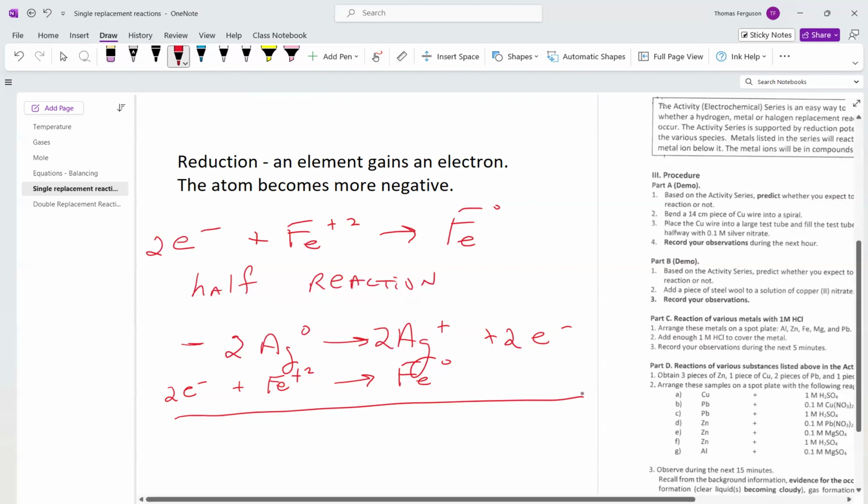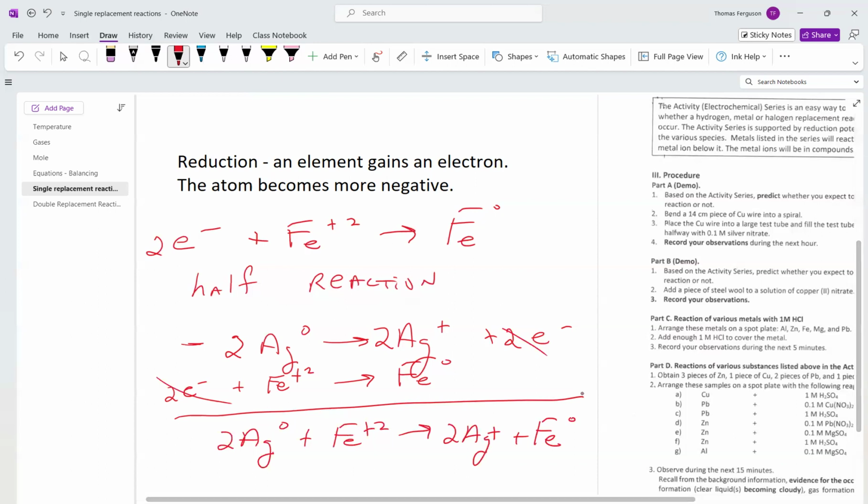So if we were to algebraically add these two, the electrons cancel. So this is the reaction. Now, if we didn't have 2 electrons on the top and bottom, they wouldn't cancel.